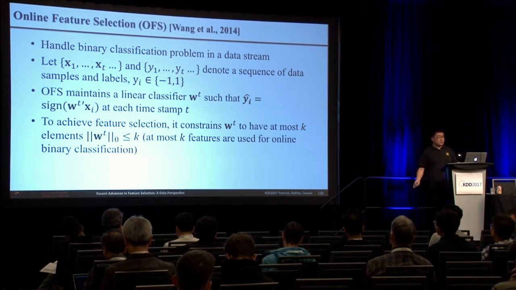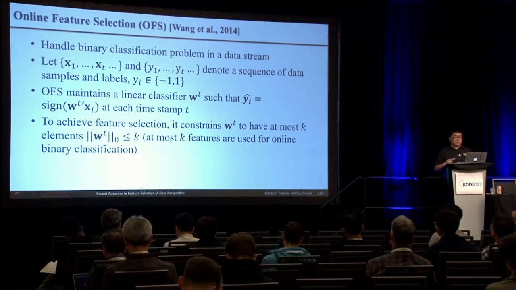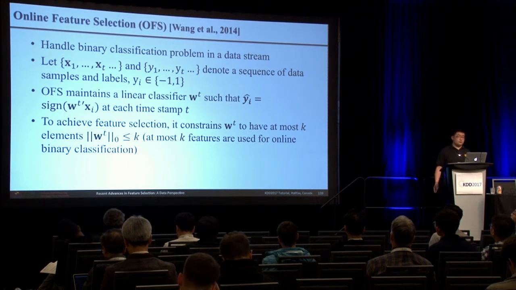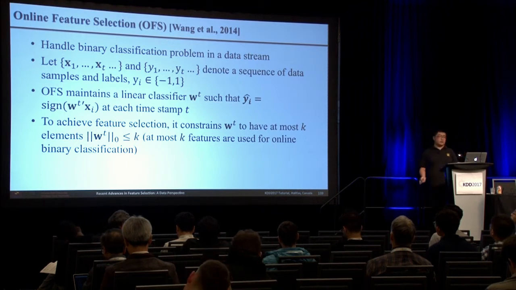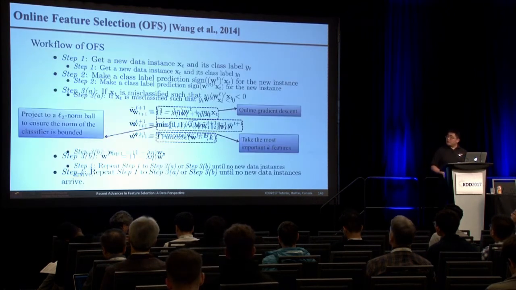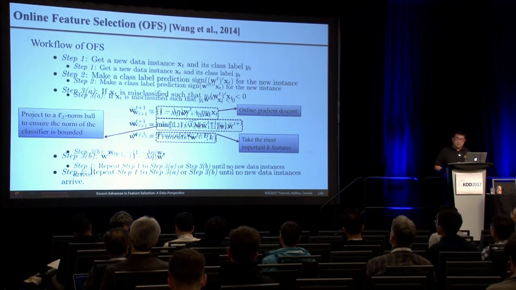To achieve feature selection, it makes a truncation on the w_t to only keep the k most important features. In the following stage, at most k features will be used for the online binary classification. And here is the workflow of this proposed method.